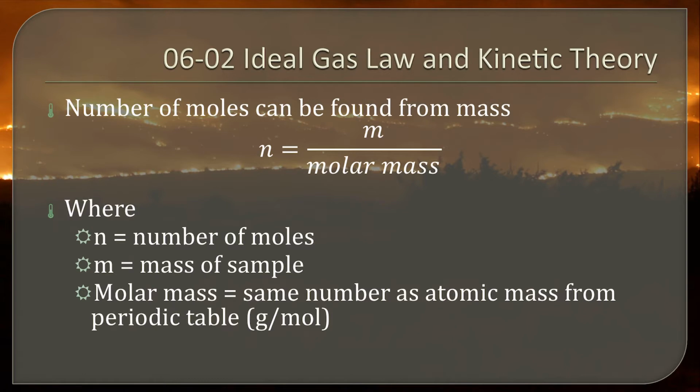The molar mass is the same number as the atomic mass from the periodic table. The unit would be grams per mole. So you'll have to look up your periodic table and find the atomic mass. It's not the big number, it's the other one. So, for example, carbon is atom 6, but its molar mass is 12.01.